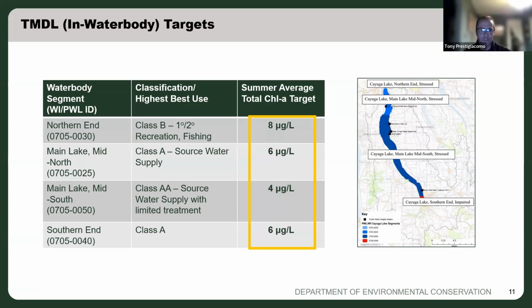The main lake mid-south is a Class AA, which is also a water supply source, but with limited and less treatment than the Class A segments. Each of these segments has a class-specific target. The northern end is 8 micrograms per liter. The two Class A segments are 6 micrograms per liter. And the main lake mid-south, this big segment here, is 4 micrograms per liter.